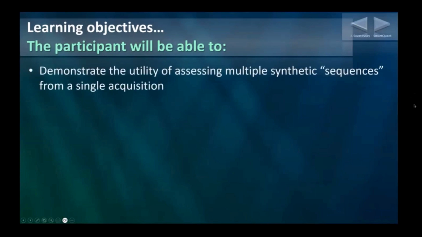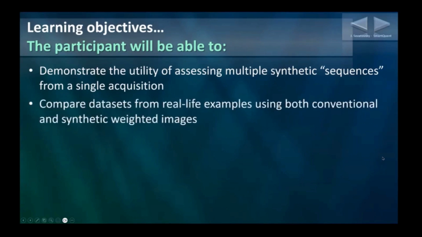The learning objectives are that you will be able to demonstrate the utility of assessing multiple synthetic sequences taken from a single acquisition, and I will show you multiple examples so you can compare data sets from real-life examples, comparing conventional and synthetic weighted images to see the equivalence of both data sets.